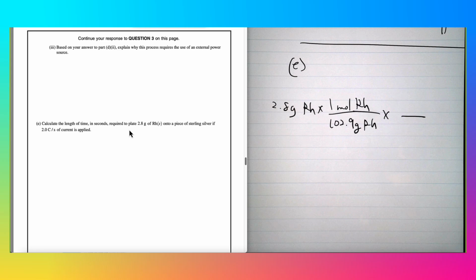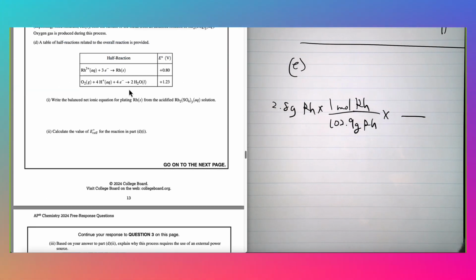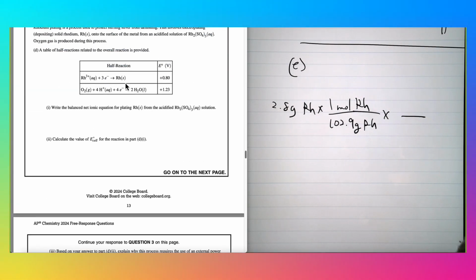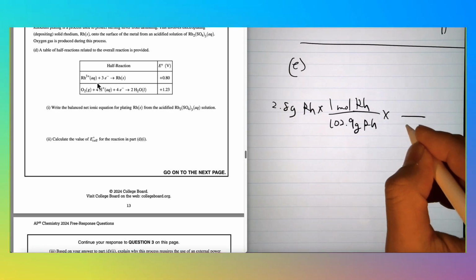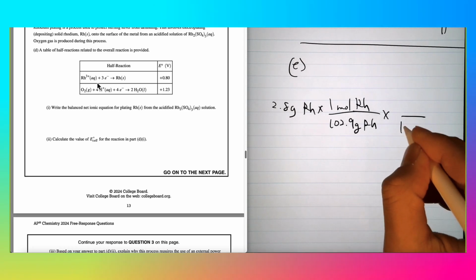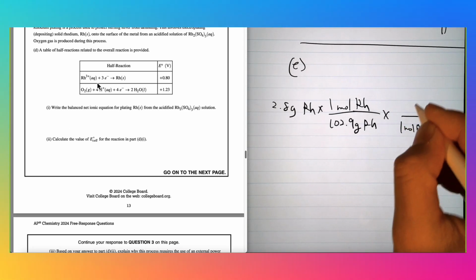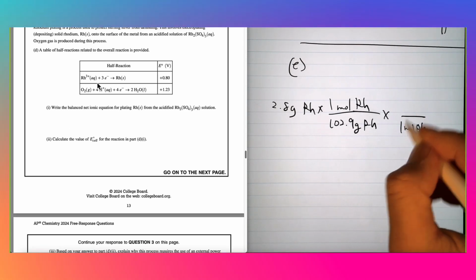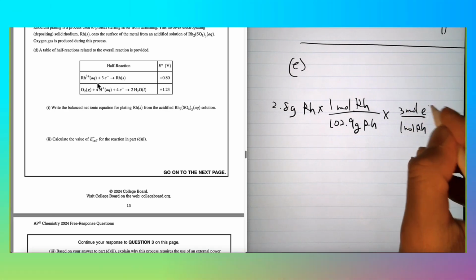Okay, so if you look at the half cell in the previous table, every rhodium is made from 3 moles of electron. So in that half cell, 1 mole of rhodium is proportional to 3 moles of electron.